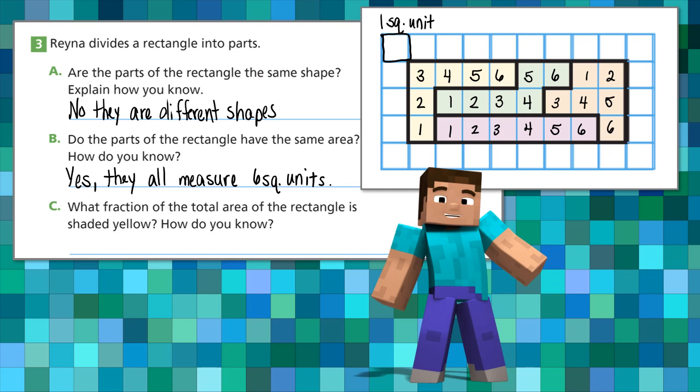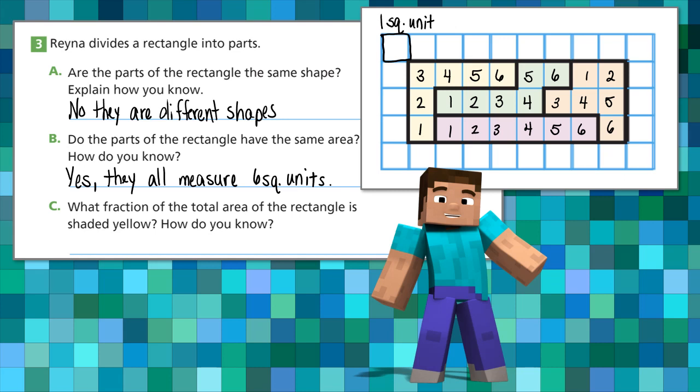I think so. Even though the shapes are different, the amount of space inside is the same. And remember, with fractions, we want the same amount of space for each part. So they each have an amount of 6 square units. So this would work well with breaking something up into fractions.